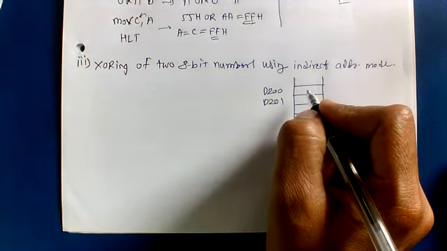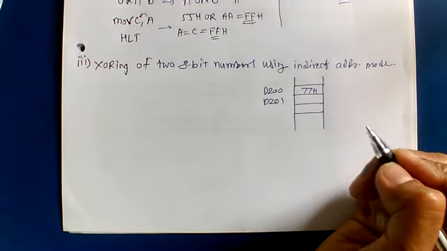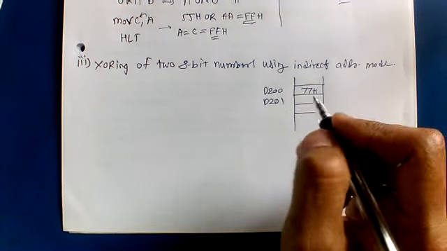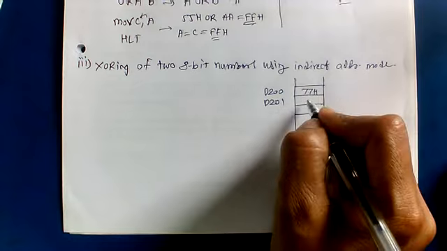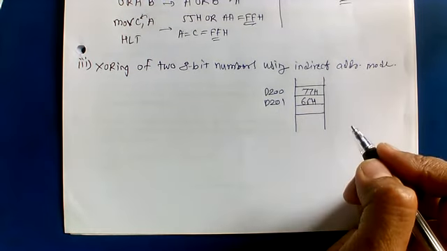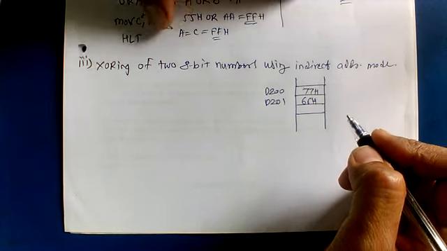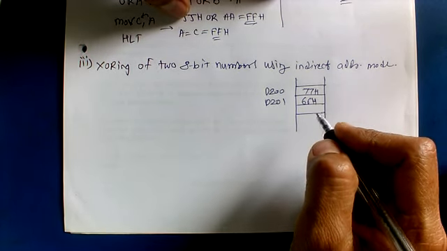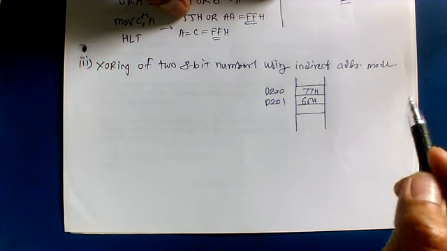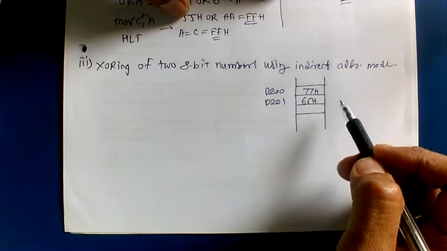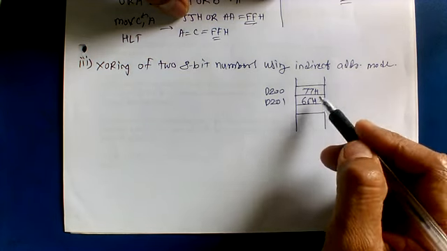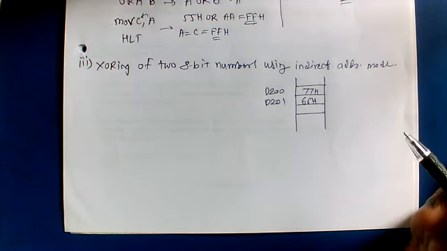Suppose at location D200 77H, and at the next location D201 the second number 66H is available. So we are going to write a program to perform XORing operation between these two numbers.